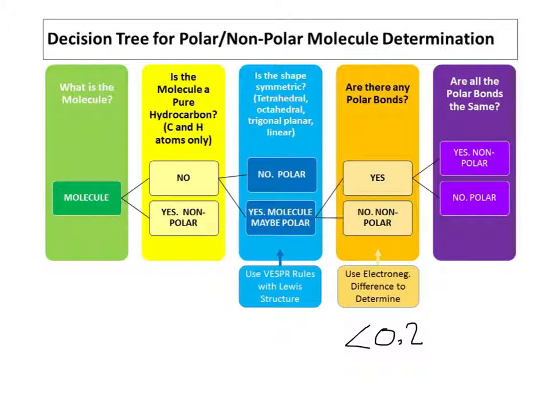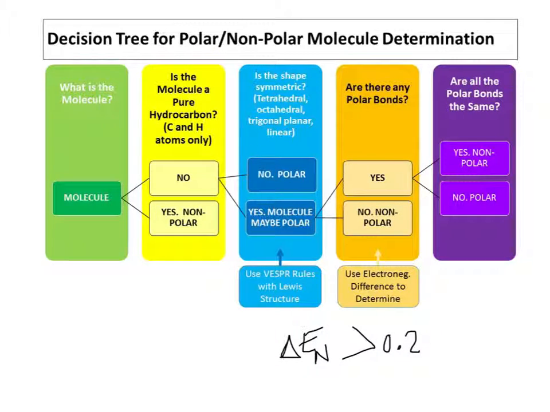If your electronegativity difference is greater than 0.2, then you can consider that a polar bond. And this value here was somewhat arbitrary.